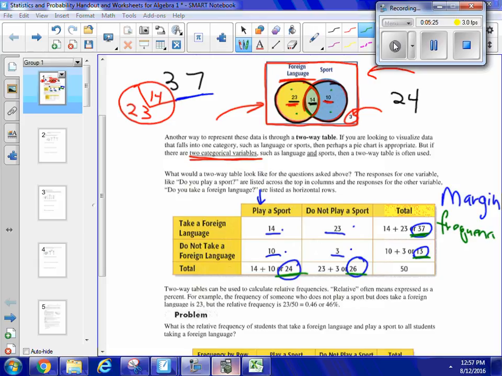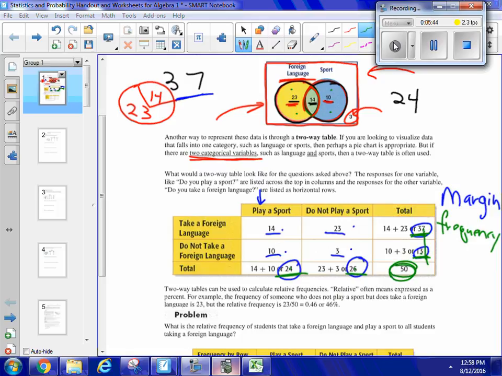And they're going to be really helpful in getting some understanding of the data here. And one thing you'll note is that if I add 24 plus 26 going across, I'm going to get 50. And if I add 37 plus 13 going down, I'm going to get 50.